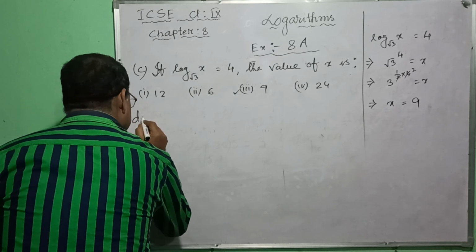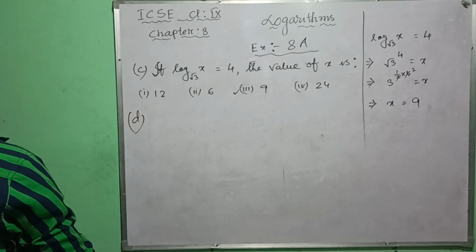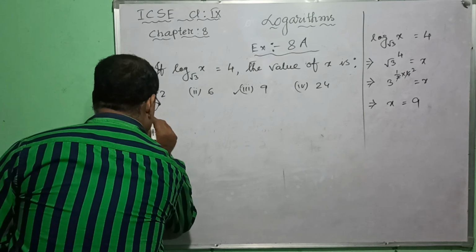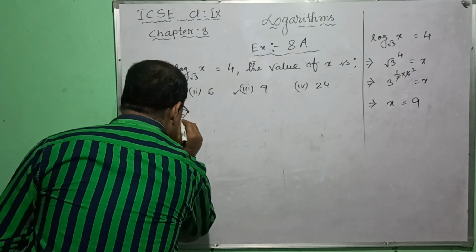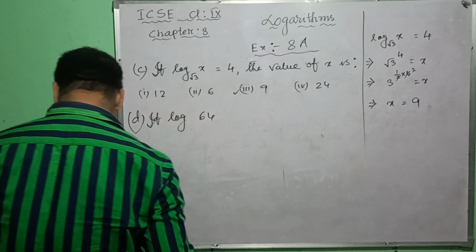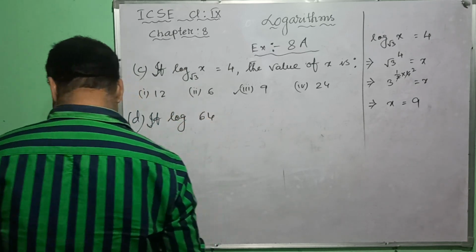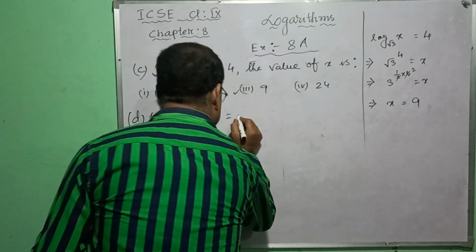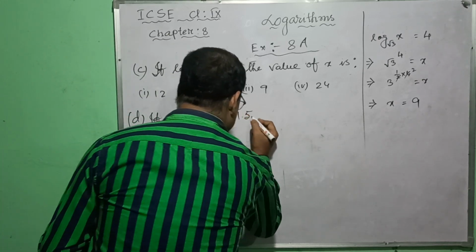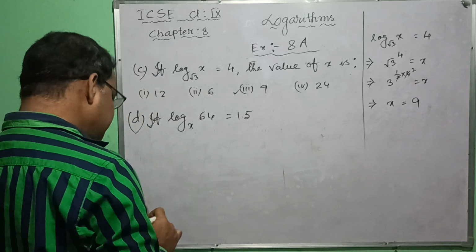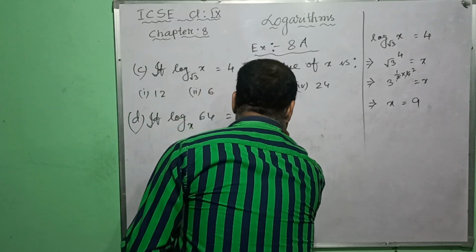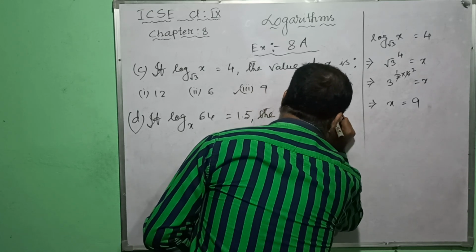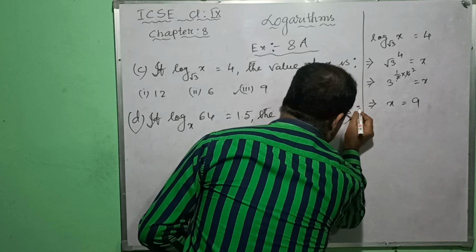Now in D it is given if log 64 at base x equal 1.5, the value of x is.